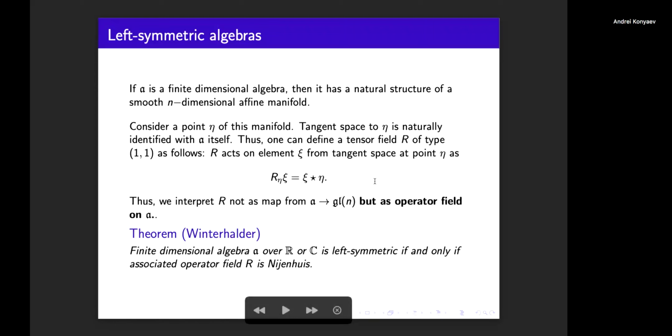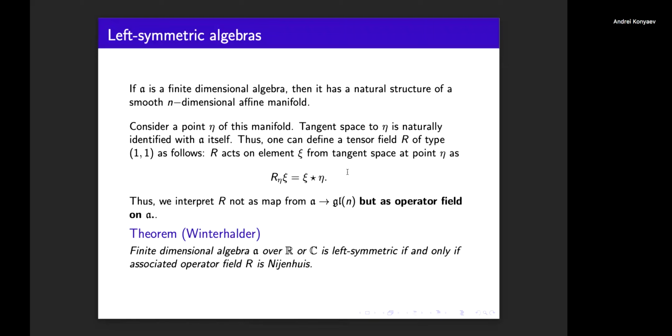It's not a map into the matrices, because it can be understood as a map, of course, but the image of the map does not carry any nice algebraic structure. And we get this nice theorem by Winterhalter, which states that the algebra is left symmetric if and only if the associated operator field we have just constructed using this formula is Nijenhuis.